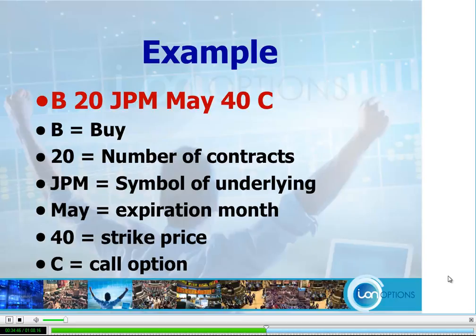Saturday it expires. 40, that's the strike price. In this case, I'm going to have the right to buy JP Morgan at $40 a share. And it's a call, which means I have the right to buy. Any questions there?